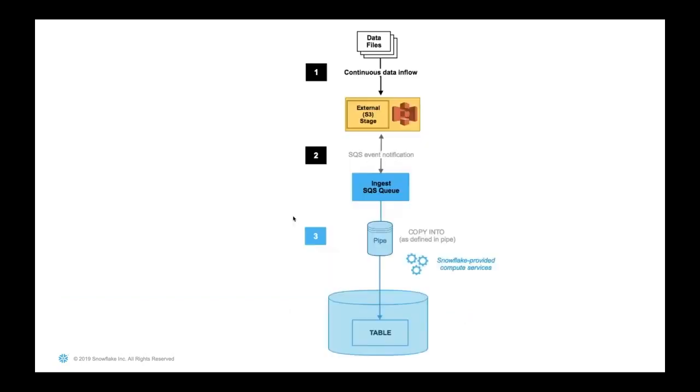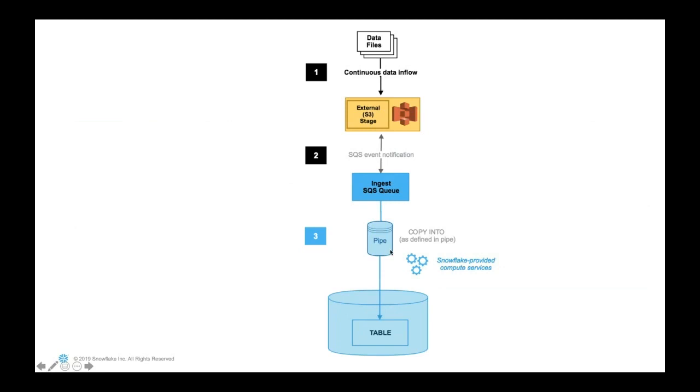So how does it really happen? Well, there are three steps that make up that data flow. First of all, you are writing data to your blob storage. This could be S3, like I said, and set up event notifications. In the AWS world, that would be SQS notifications, which will be sent out to an object in Snowflake called pipe.